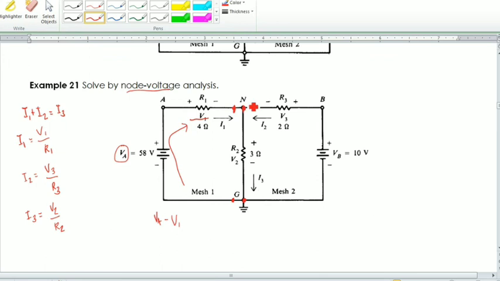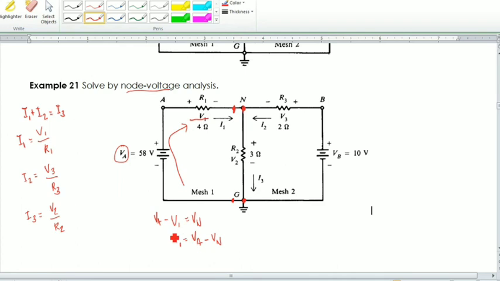So this is also equal to your V sub N there. From here, we can write our V sub 1 as V sub A minus V sub N. Again, this is V sub 1.